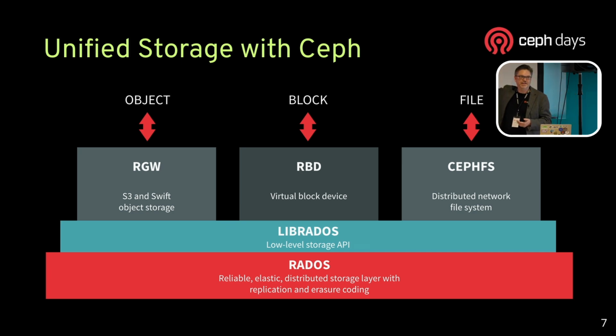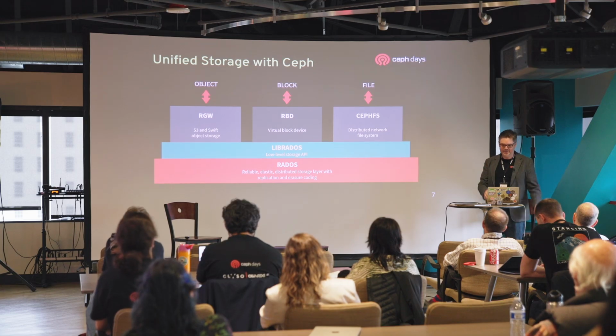You can have gateways for whatever your favorite POSIX file system is, Samba gateways, NFS gateways. It does all of that as well. And on the object side, it speaks S3 and Swift, and you can put any kind of classical HTTP, RESTful front ends in front of that thing to do infinitely complex things or simple things.